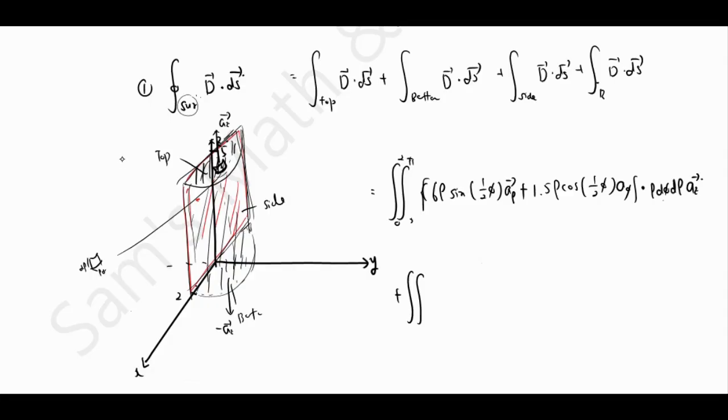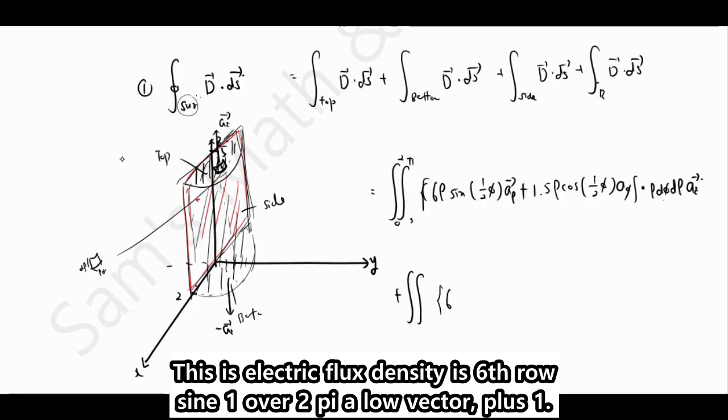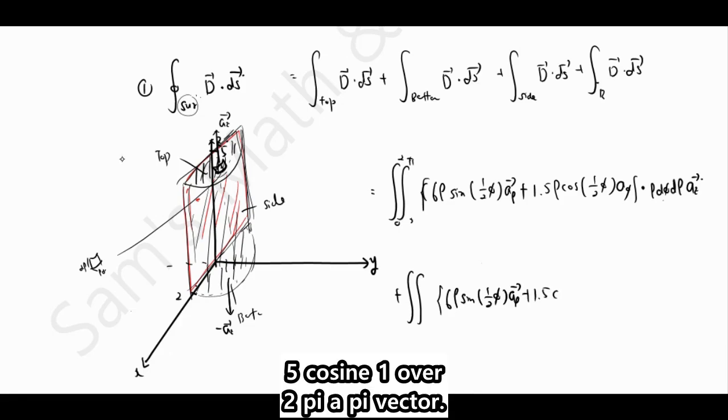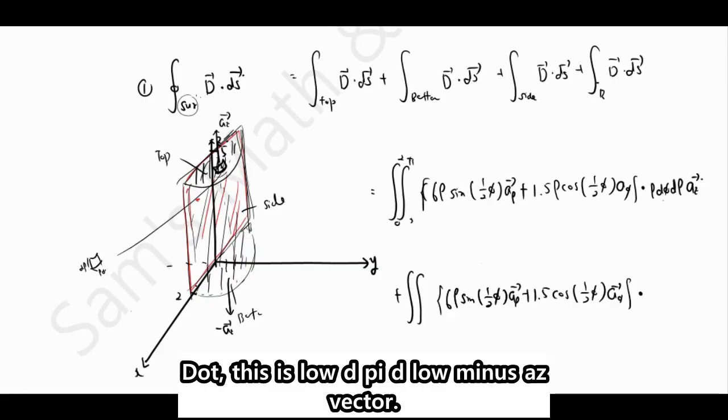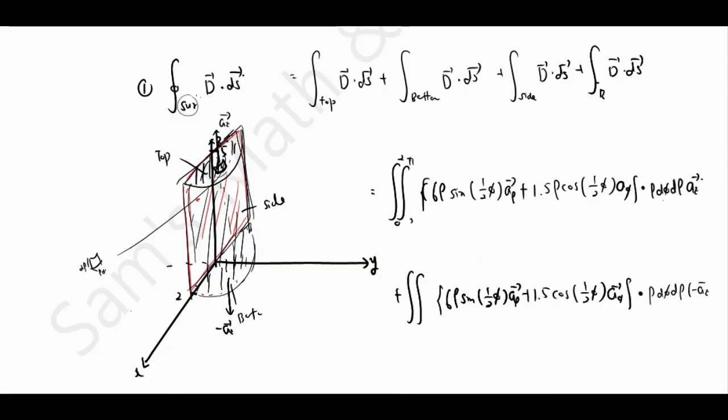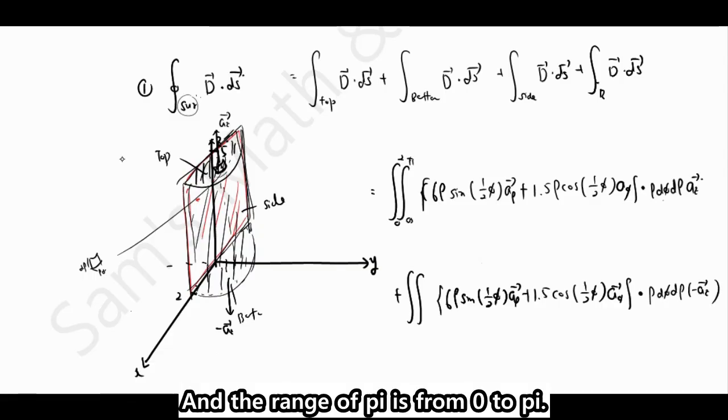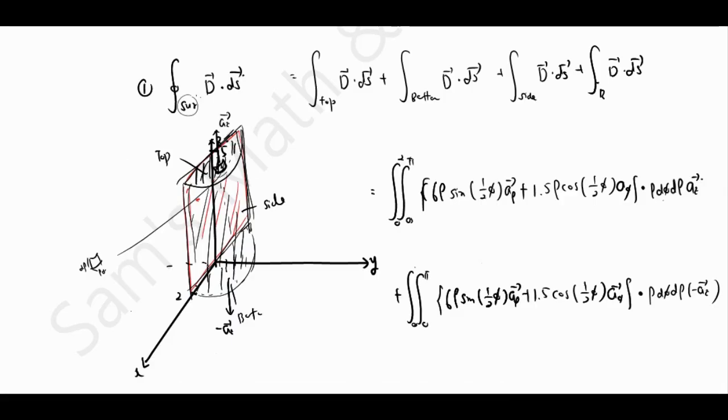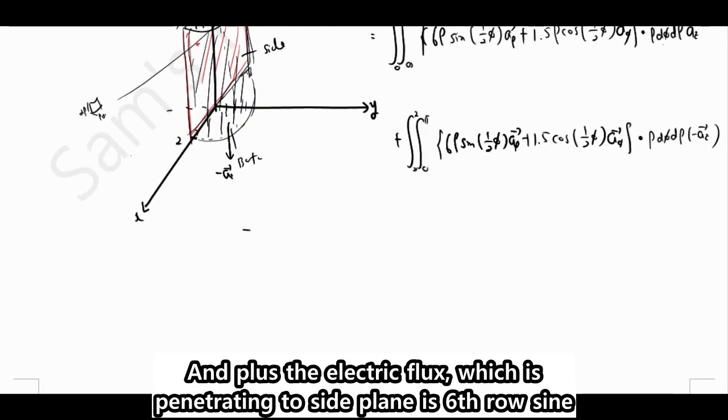The electric flux density is 6 rho sine 1 over 2 phi a rho vector plus 1.5 cosine 1 over 2 phi a phi vector dot rho d phi d rho minus az vector, and the range of phi is from 0 to pi. The range of rho is 0 to 2.